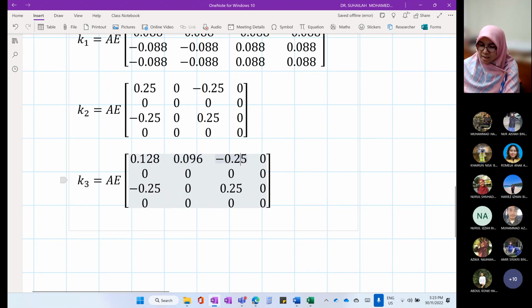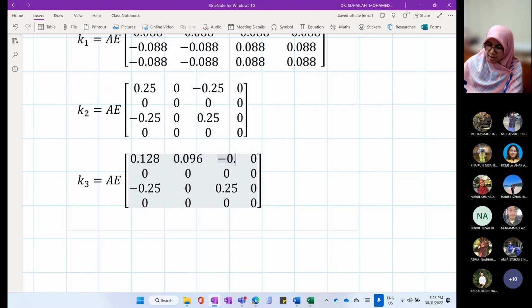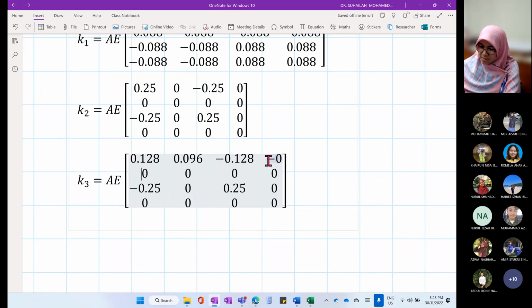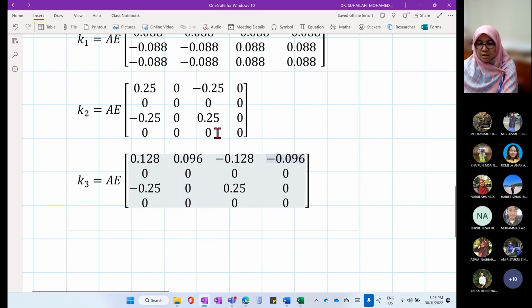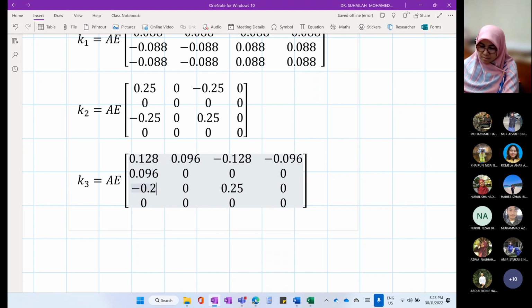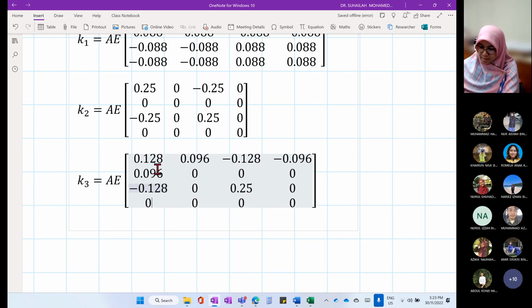This one is the same but negative 0.128 and negative 0.096. It is symmetry. Then 0.128, 0.096. CY square divided by L is 0.072.